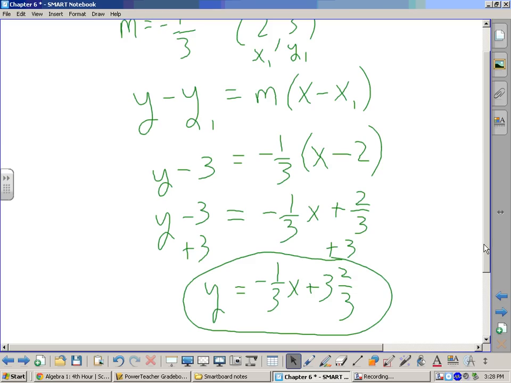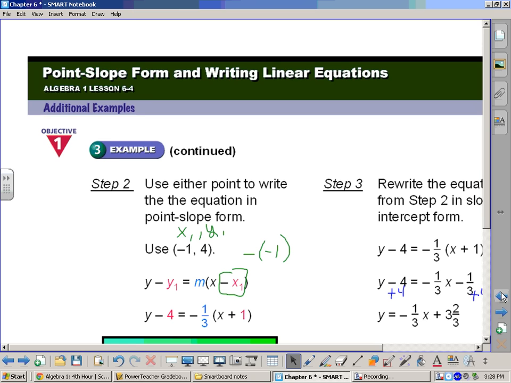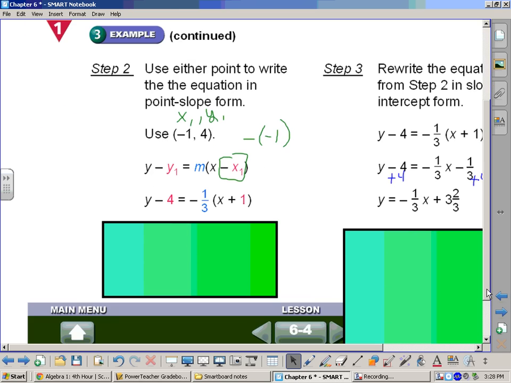Negative 1/3 x plus 3 2/3 was the exact same equation that we had over here using the other point. So here's the same equation.